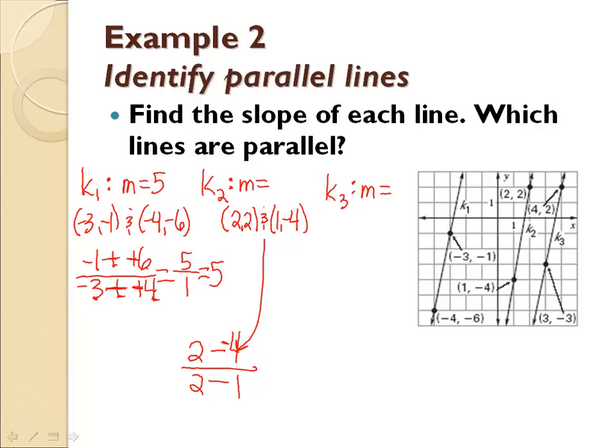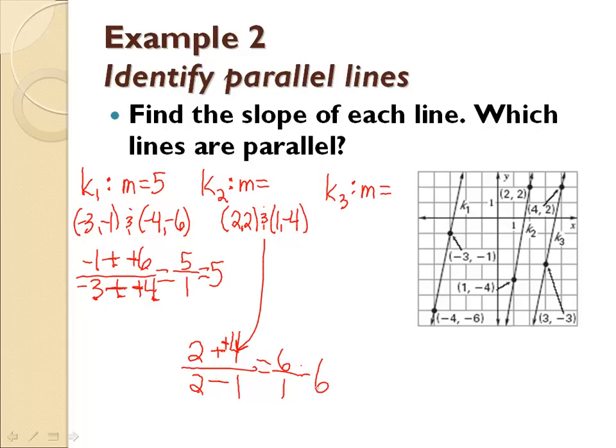When I simplify these, 2 minus a -4, well, that becomes plus a positive. So 2 plus 4 is 6. 2 minus 1 is 1. So 6 divided by 1 is just 6.